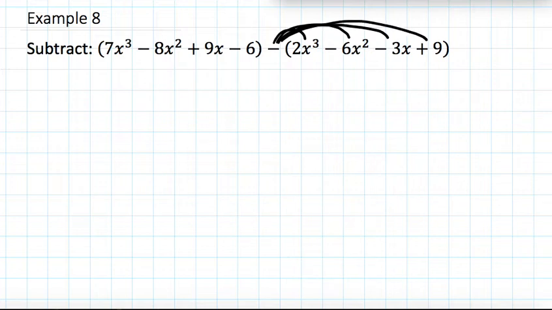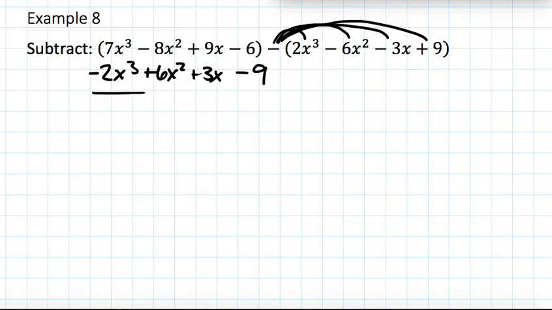So generally, when people make mistakes is they'll subtract the first one, but then they'll forget about the subtraction and just copy the signs that are here instead of doing the opposite. So we're going to have minus 2x to the third plus 6x squared plus 3x and minus 9.